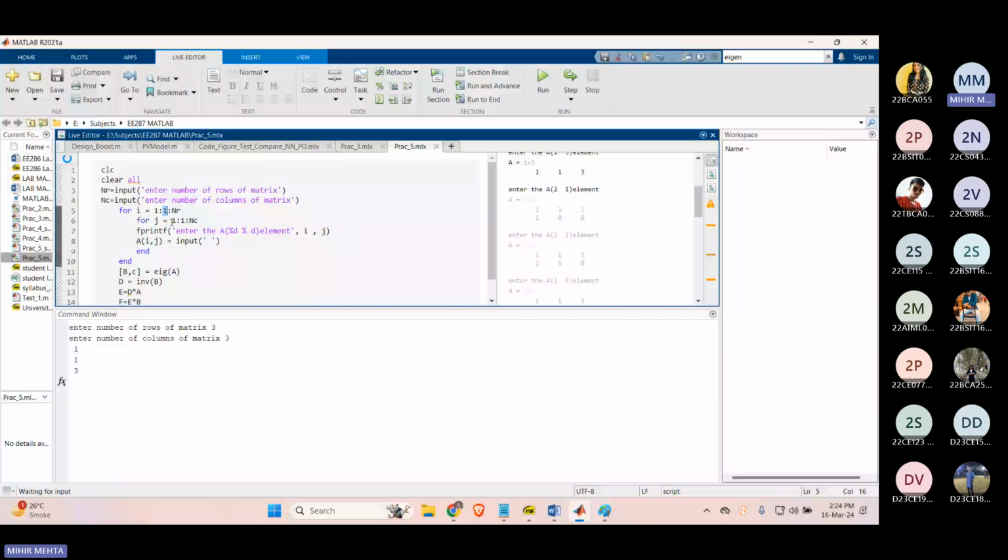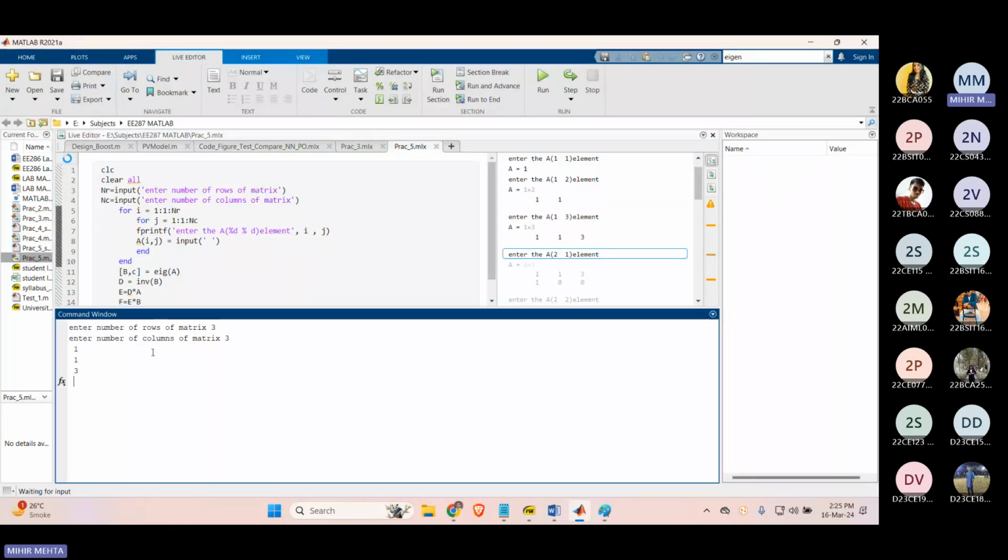So again, for I equal to 2 and j equal to 1, I need to enter the particular element. So I need to enter the value for the element A21. Is this clear?